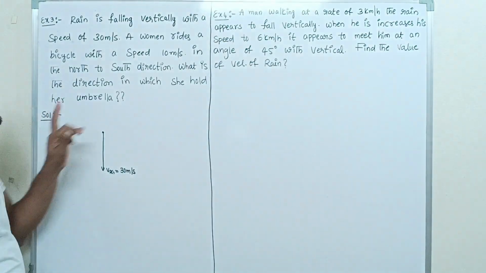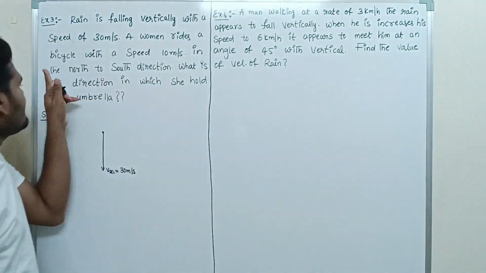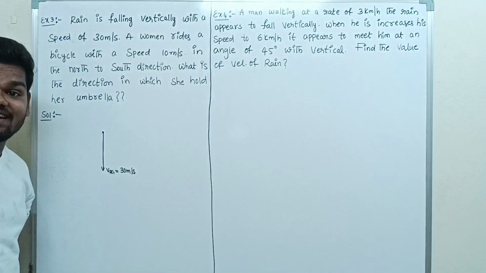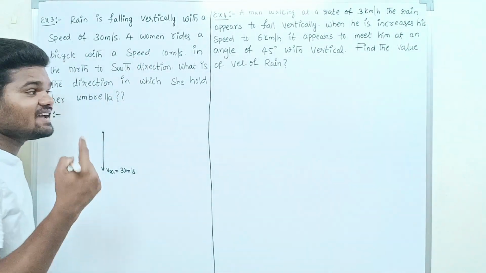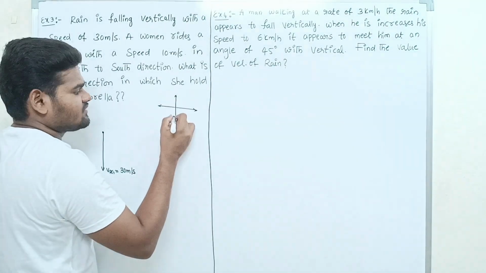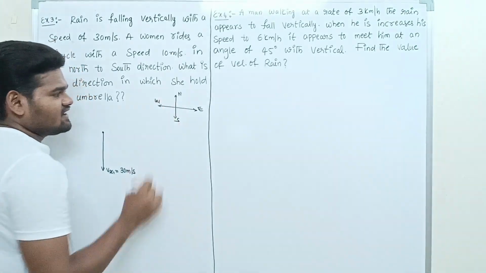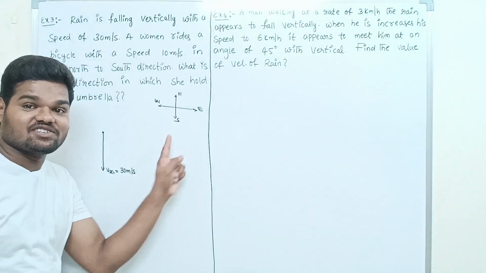A woman rides a bicycle with a speed of 10 meter per second in the north to south direction. So this is north, this is south, this is east, and this is west. Now the girl is moving from north to south direction.